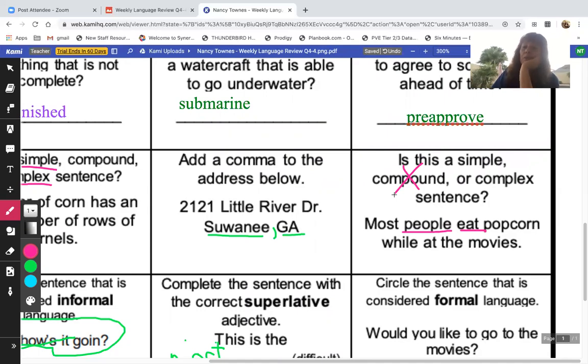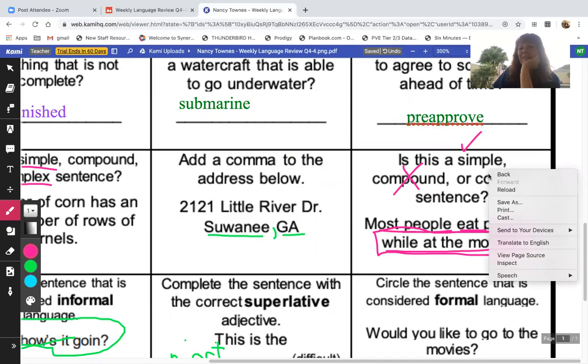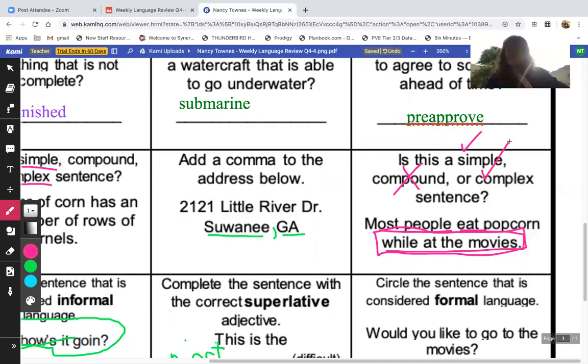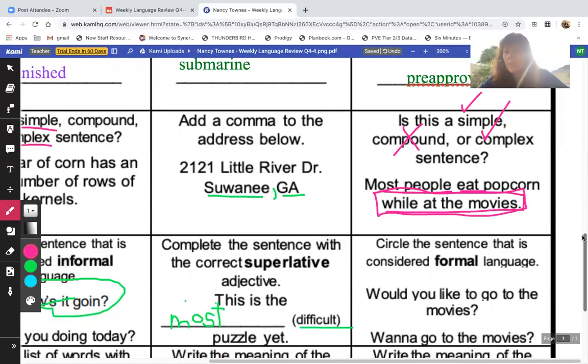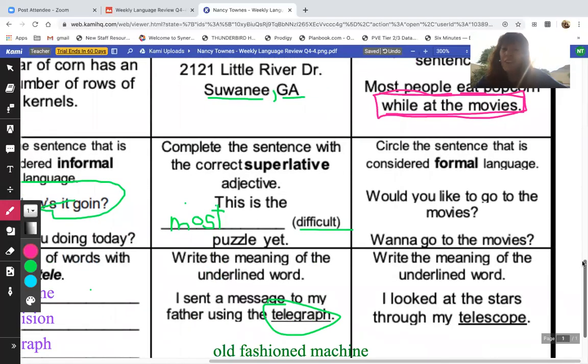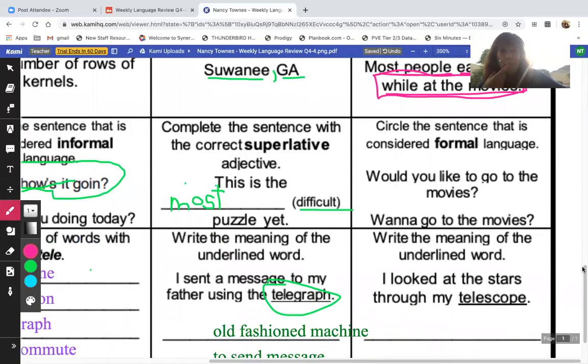While at the movies kind of adds to it, right? So as a 3rd grade student, I would say you'd want to check either simple or complex. I would actually accept either one of those because it's more than just a noun and a verb, end of sentence. So I would actually count either of those okay. For 3rd grade. 4th grade, maybe a different story.